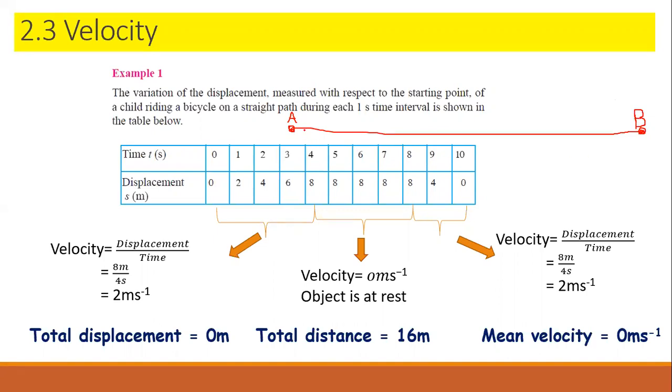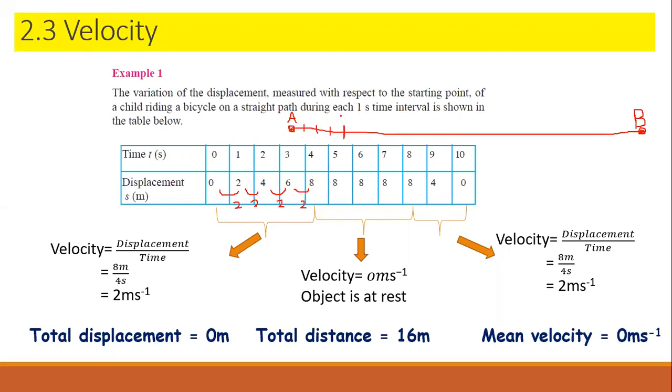Here, within the first second, he is going 2 meters. In another second, again 2 meters. So that's why it has become 4. 2 and 2. And in the next second also 2. In this way, he is moving for 1, 2, 3, 4 seconds.